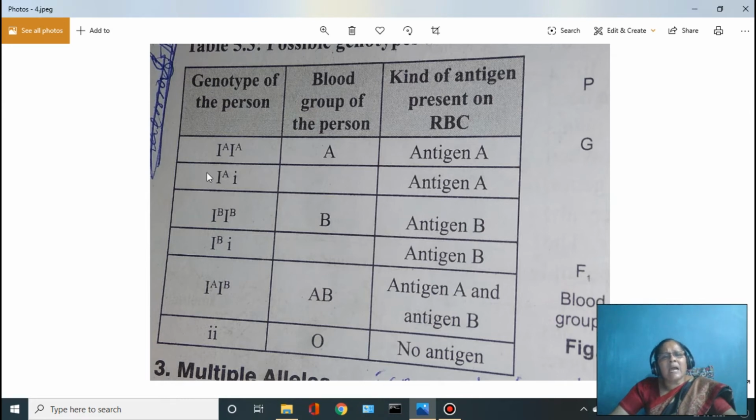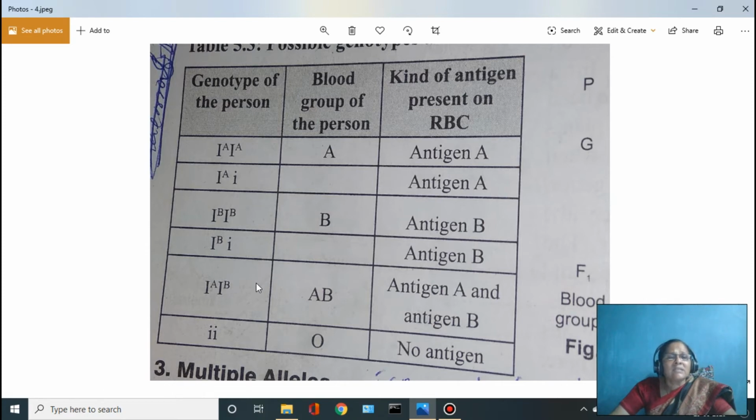Here this gene is I, for isoagglutinin. In some textbooks you will find L instead of I, because Landsteiner discovered this blood group system. A is one antigen, B is another antigen.